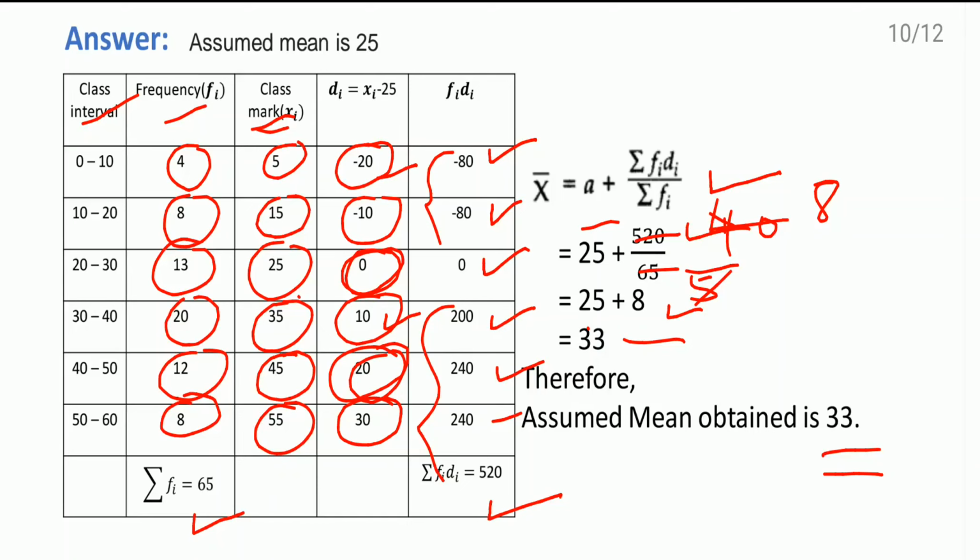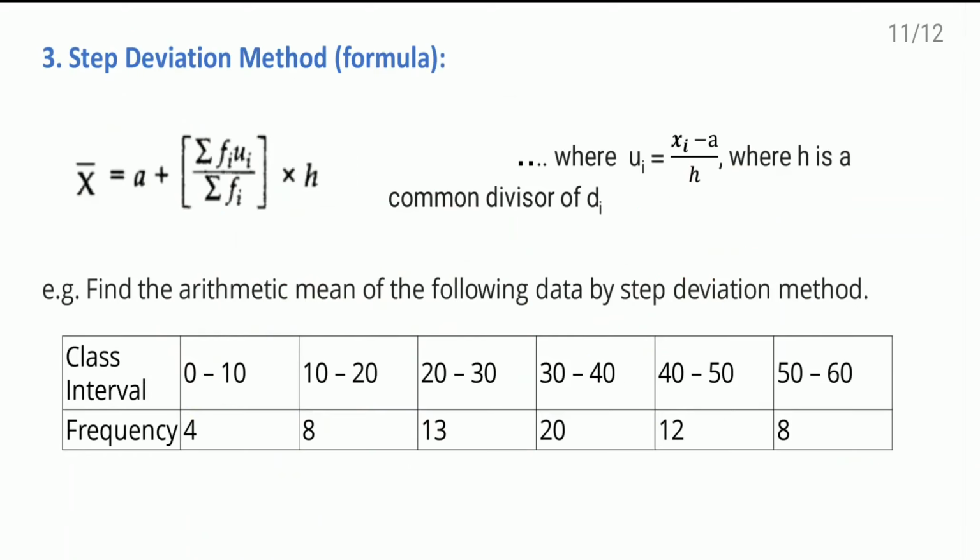Only our calculation part is getting reduced. Let us see the third method now. Step deviation method. Here, once again the same thing. As the data will be very large, this method is very convenient to reduce the calculation part and to reduce the mistakes. Look at the formula here. Mean is equal to A plus sigma fi ui divided by sigma fi, into h.